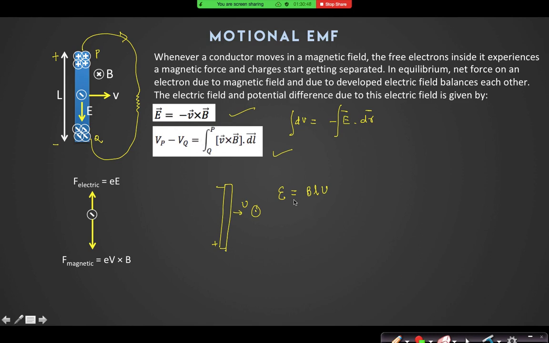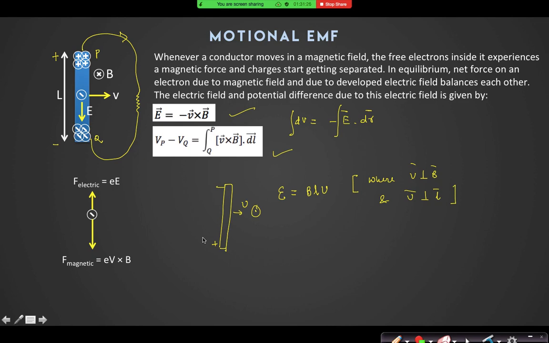Actual formula is this one, but I am talking about a particular case where V is perpendicular to B vector and V is perpendicular to L vector. Can you say that EMF induced is only BLV? Yes, sir. Everyone? And you don't bother about the negative positive signs, because the direction of positive and negative polarity, you can easily find by seeing in which direction a positive charge will experience a force.